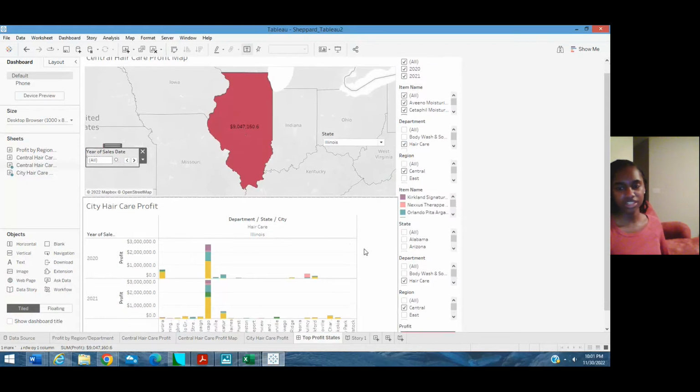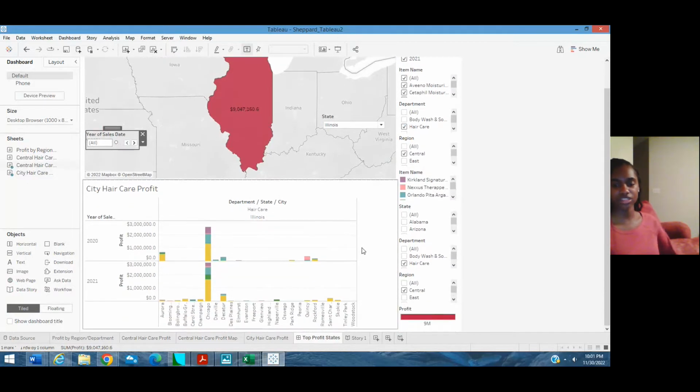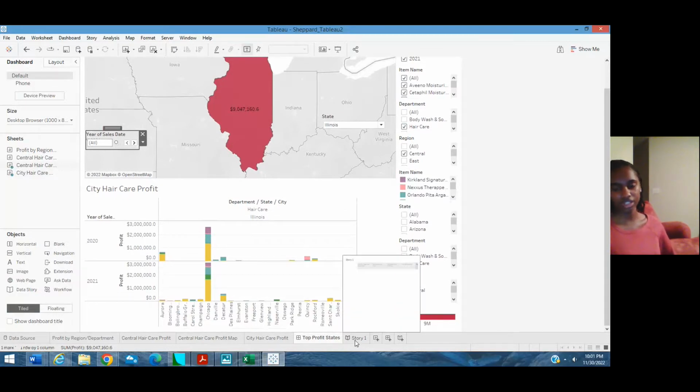So that's just something that we can look at to get a closer look if you were wondering what exactly happened in Illinois or maybe Wisconsin, just to get a better look at the full story behind why this profit is the way that it is or as high as it is.